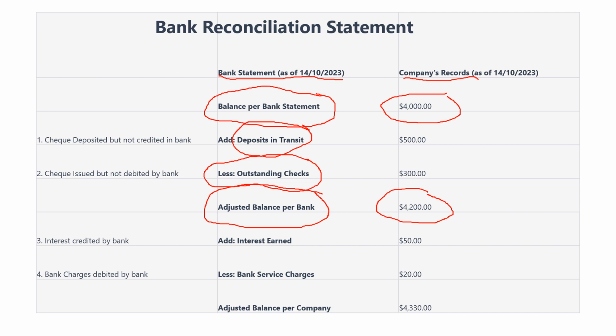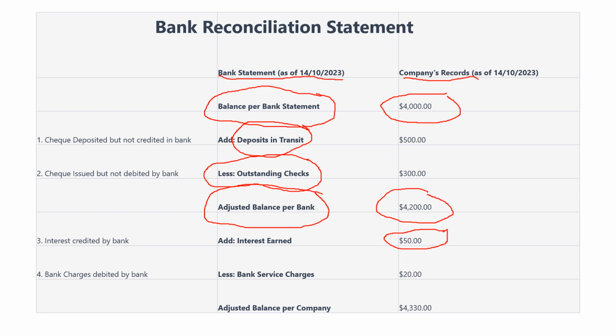So this has been credited by the bank, but your company's book is showing that it has not been credited. So this interest should be added back to your balance. So interest earned will be added back to your balance.